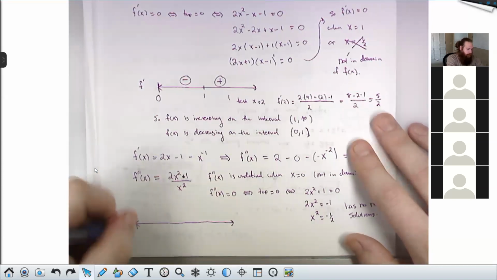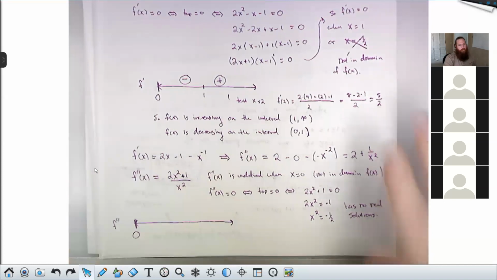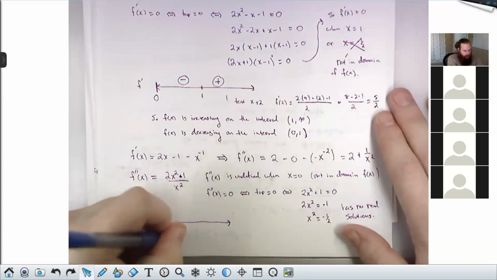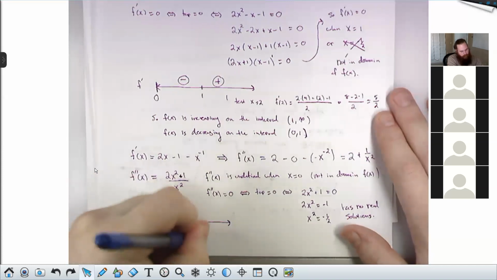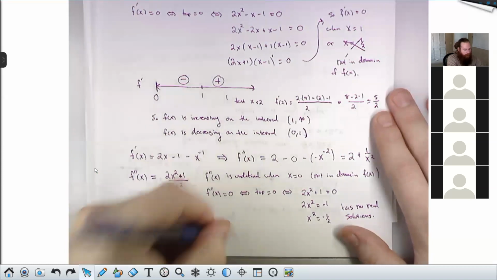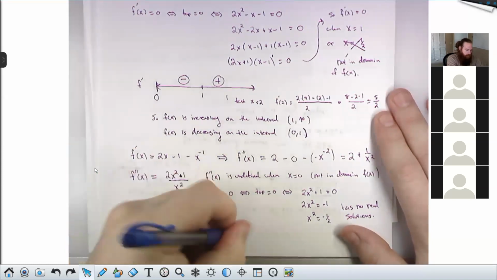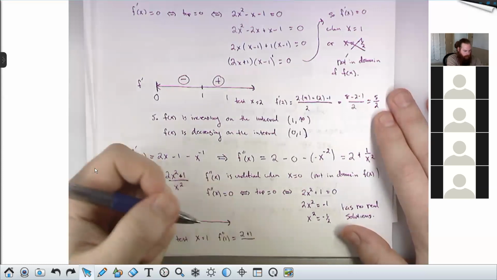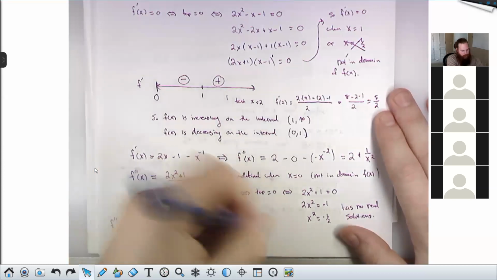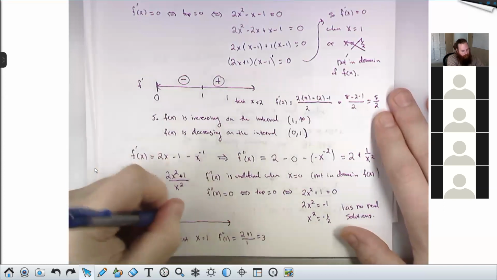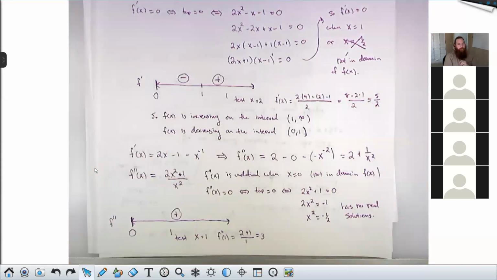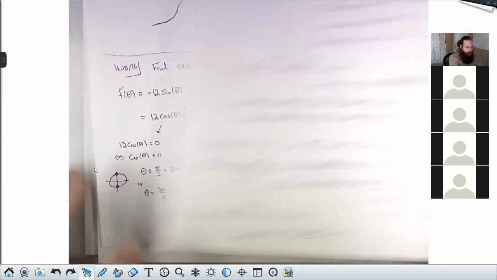Again, 0 is a hard cutoff on the left because the domain of my function is 0 to infinity. You could test x equals 1 if you want. But f double prime is always positive. So f double prime of 1 is 2 plus 1 over 1, which is 3. So we're always concave up. So no inflection points.